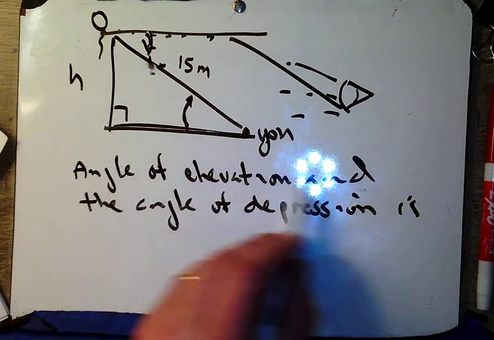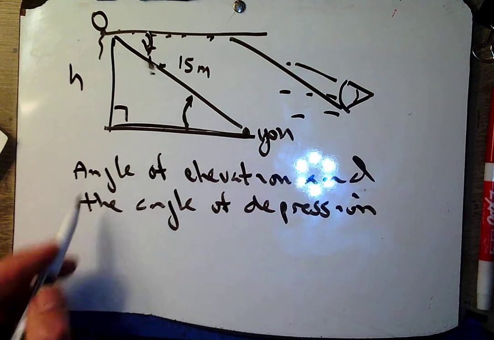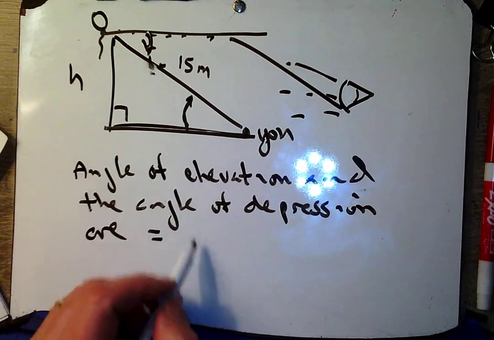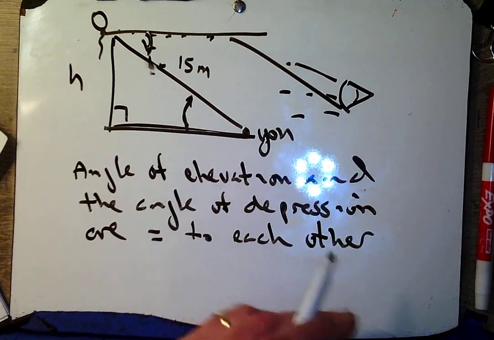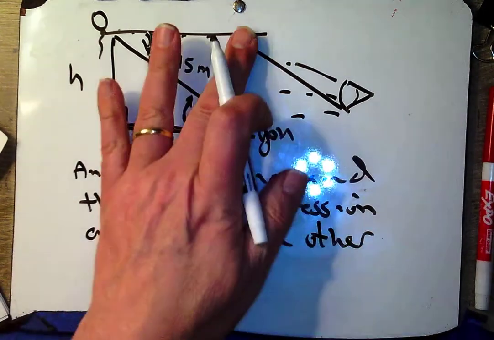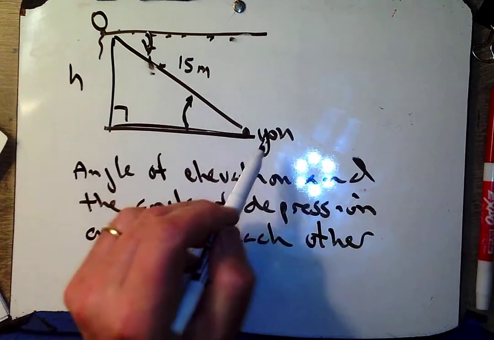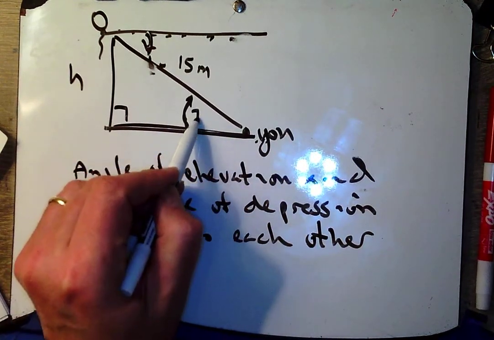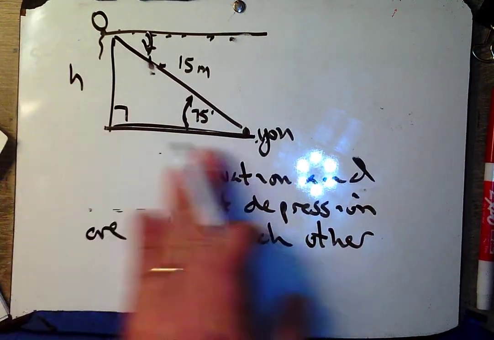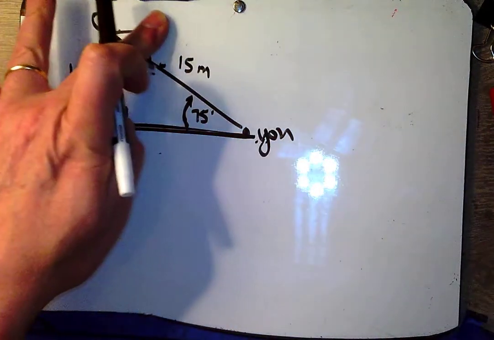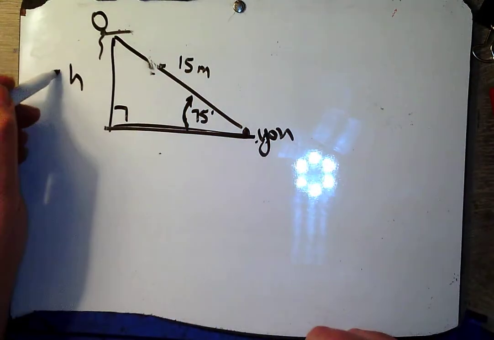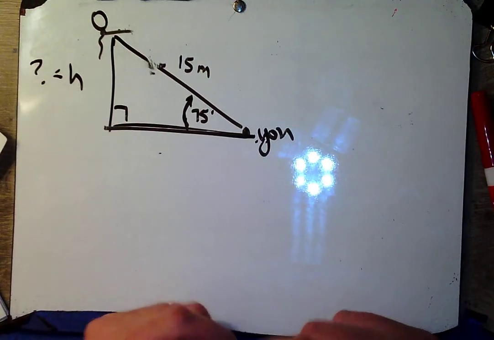So the angle of elevation and the angle of depression are equal to each other. I mean, I don't particularly need it to know that for this problem, but yeah, you're here. This is the angle of elevation, and in this problem, we're told the angle of elevation is 75 degrees. And what I'd like to do is figure out how high is the balloon.